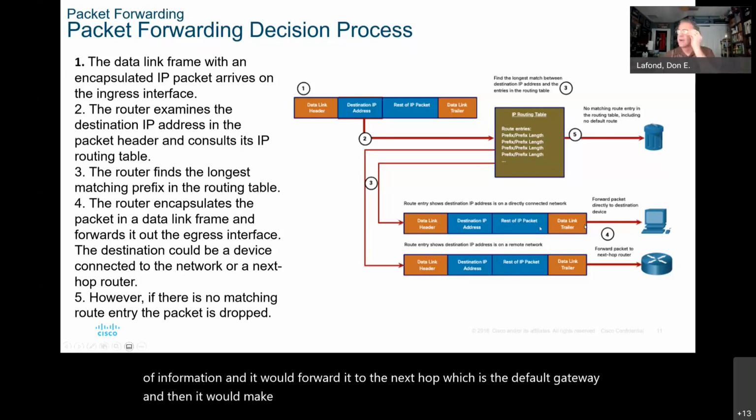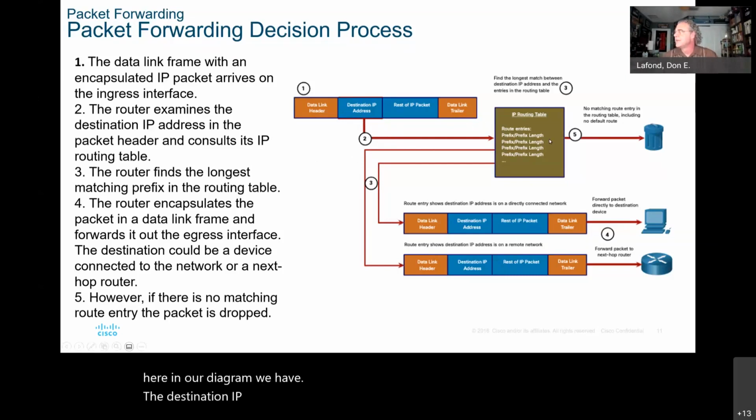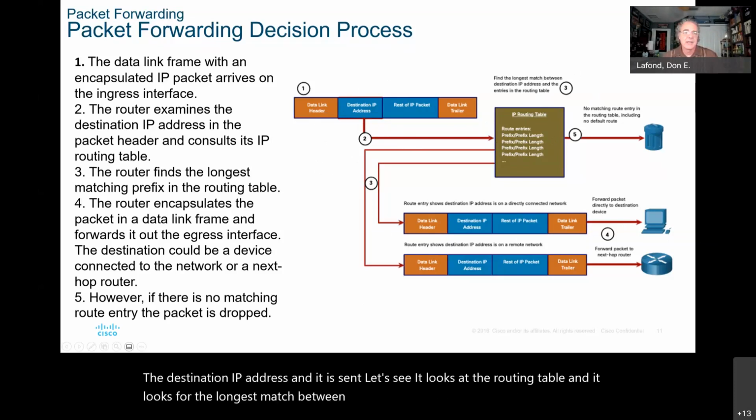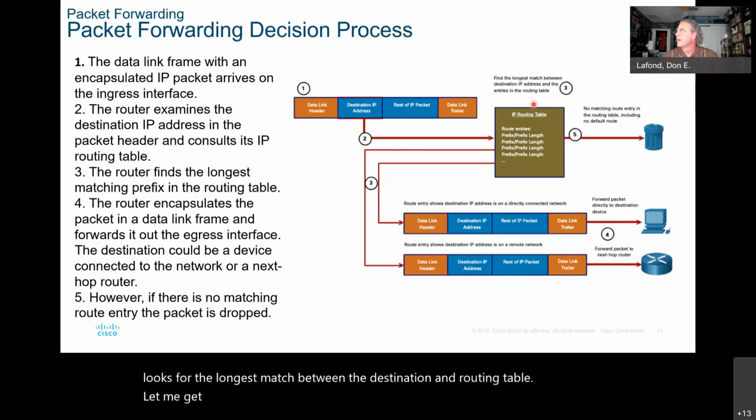All right, so here in our diagram, we have the destination IP address, and it is sent. It looks at the routing table, and it looks for the longest match between the destination and the entries in the routing table.